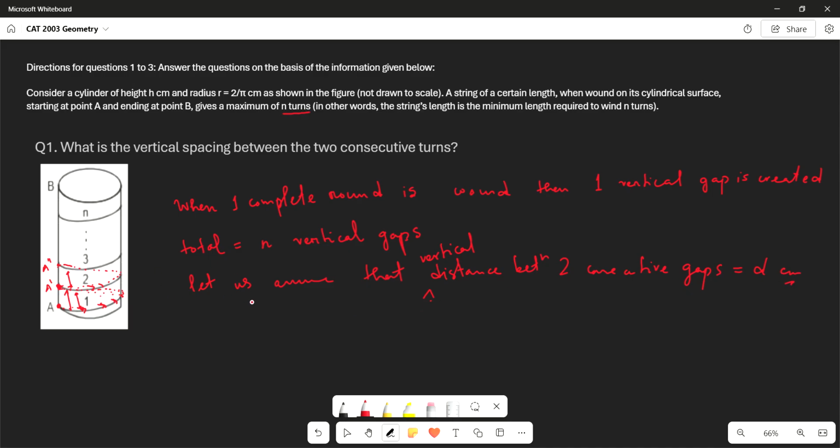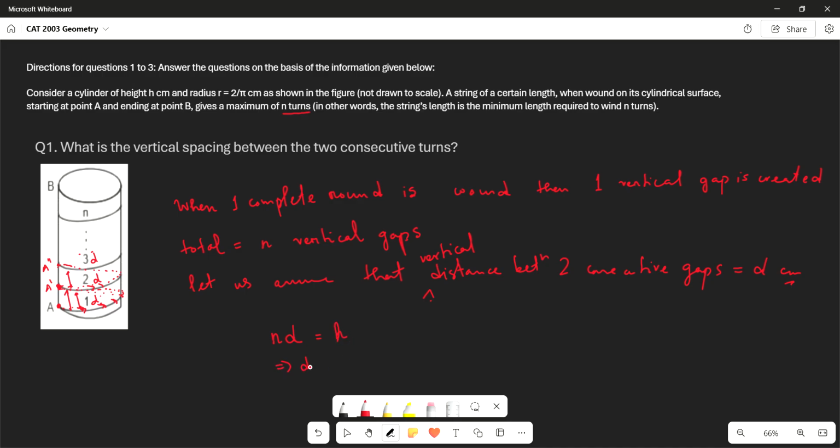So what will be the total height, total distance? It will be nd, right? Nd is the total distance. This is d, this is d, this is d, like this. How many d's will be there? There will be n times, okay? And this will be equal to the height of the cylinder, right?